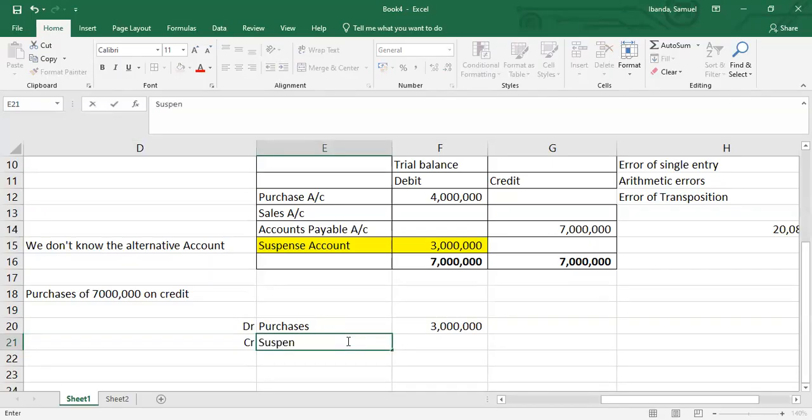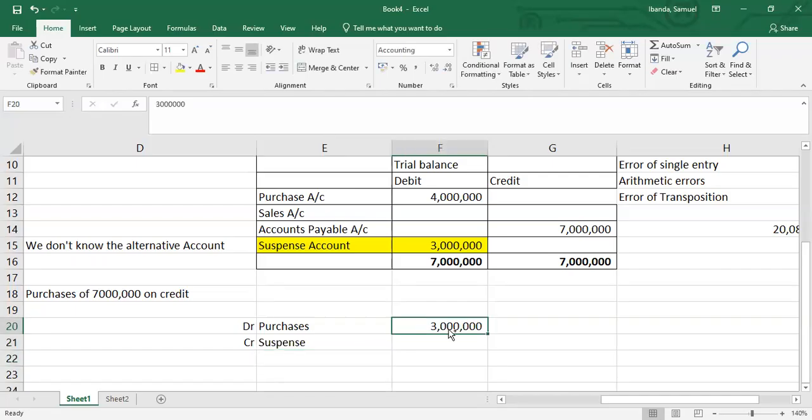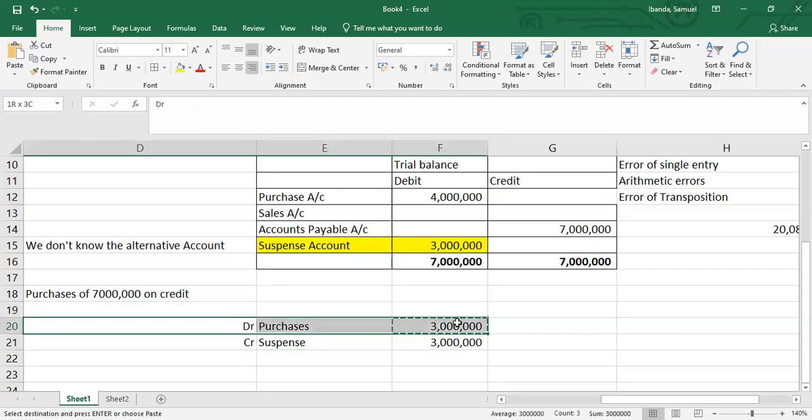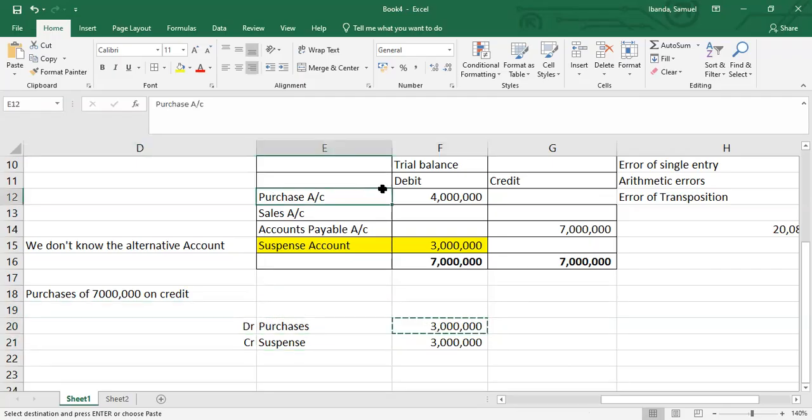That is why we are debiting our purchases and crediting our suspense account. The whole reasoning is that we want to do the right thing. We are putting the 3 million back to the right account where it should be, so that we don't undercast it again.